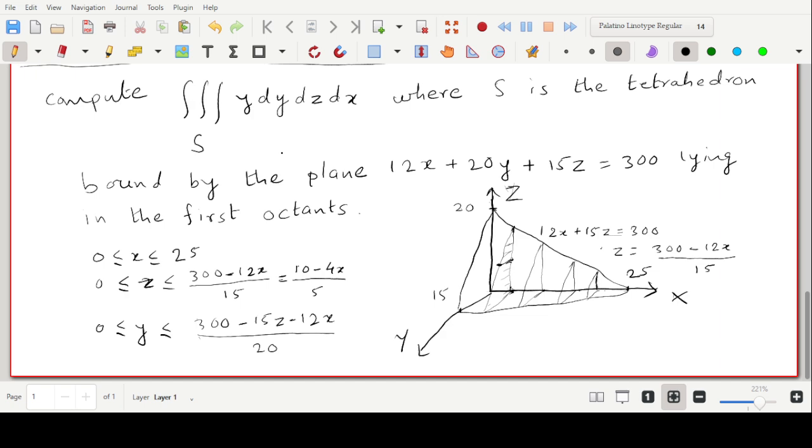So you can also cross check. For example, when z and x are both 0, y is varying from 0 to 15, which is 300 over 20.